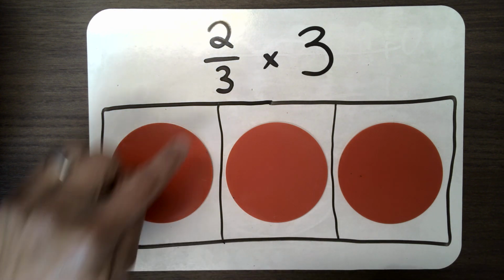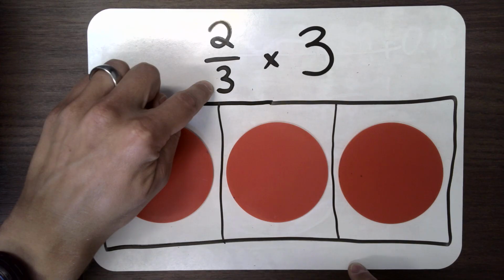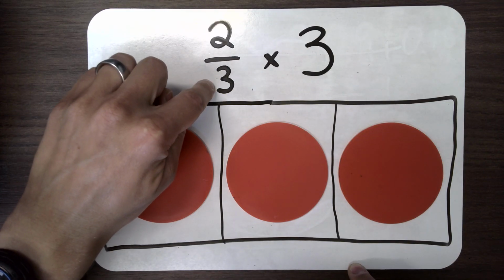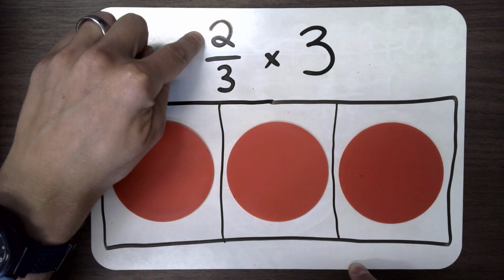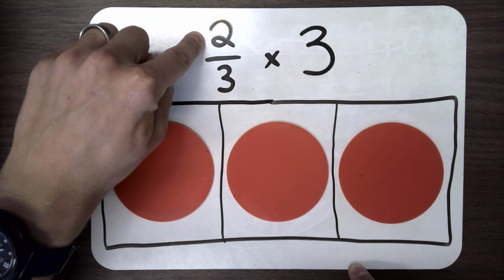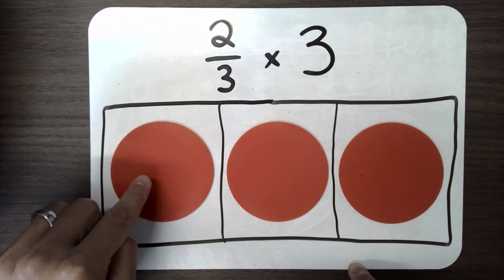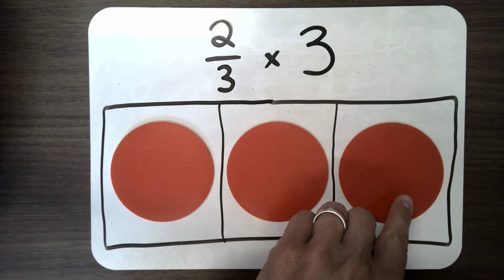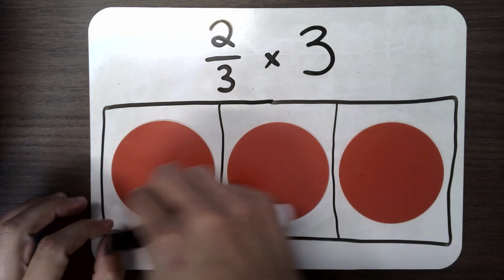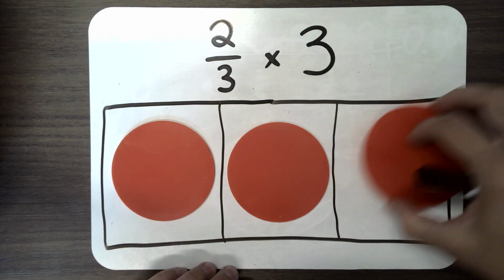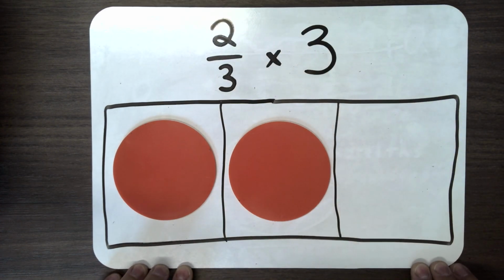So now I've created thirds, so that's the denominator of the fraction that I'm multiplying by. But now for my numerator, I want 2 of those thirds. Right, so if this is 1/3 of the whole group, this is 1/3 of the whole group, and this is 1/3 of the whole group, I want just 2 of these. So we can draw a star in here, or we can think of removing this one.